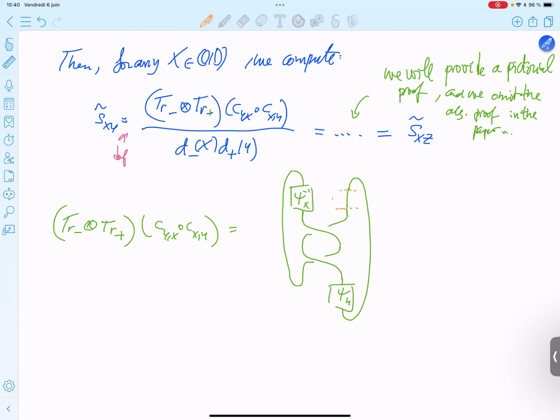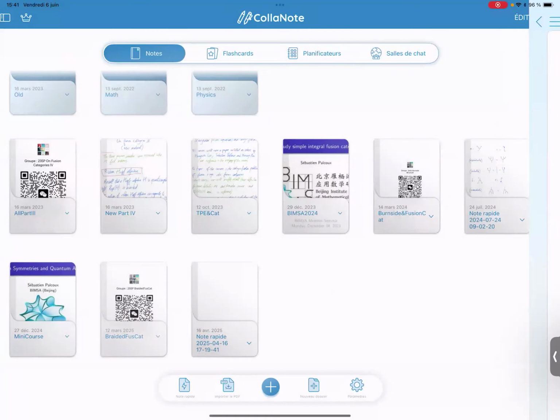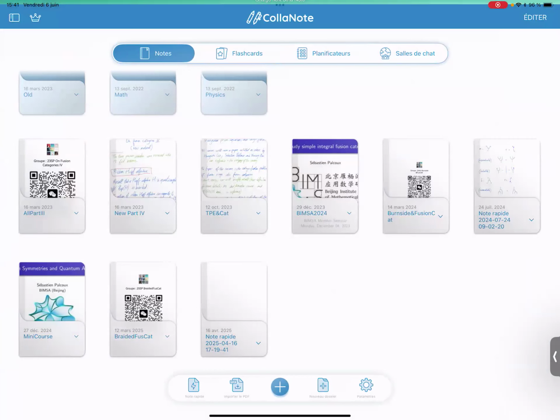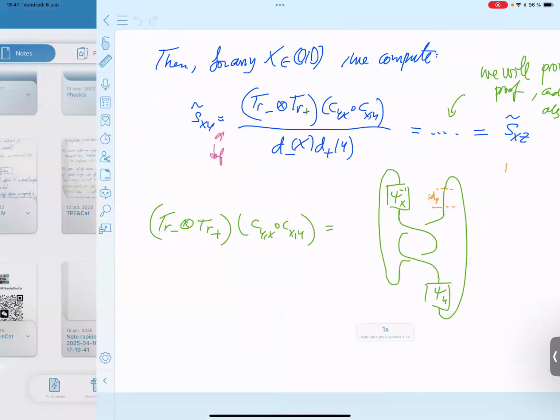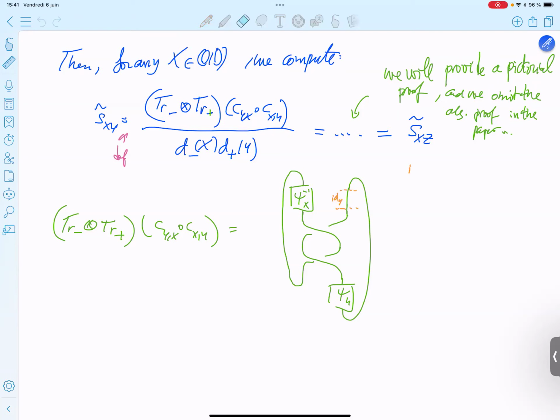So we will replace this Y, identity of Y, like that.